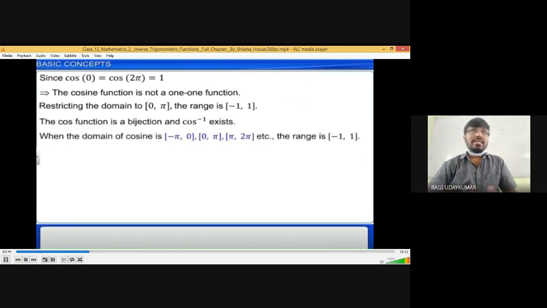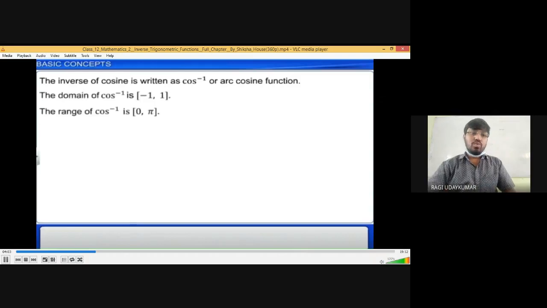So when the domain of the cos is taken as minus pi to 0, or 0 to pi, or pi to 2 pi, then it becomes an onto function. So the domain of the cos inverse will be minus 1 to 1, and the range will be 0 to pi.